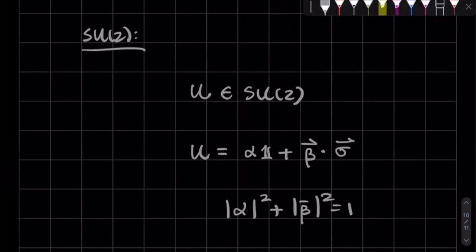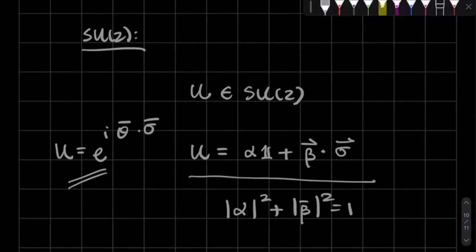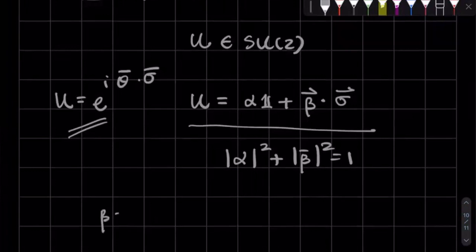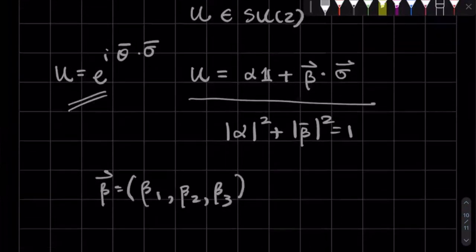Yeah. So, I could have said, okay, I can write this as e to the power i theta dot sigma, right? But this does not make it clear that it's a 3-sphere, whereas this does, because beta has 3 components, beta 1, beta 2, beta 3, and beta dot beta is just beta 1 squared plus beta 2 squared plus beta 3 squared.